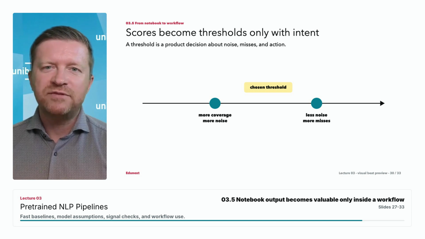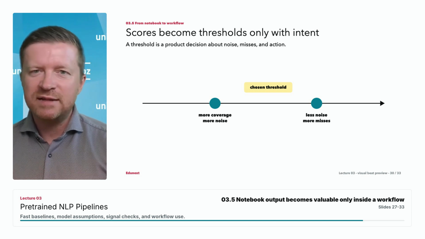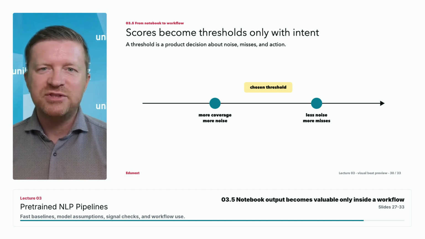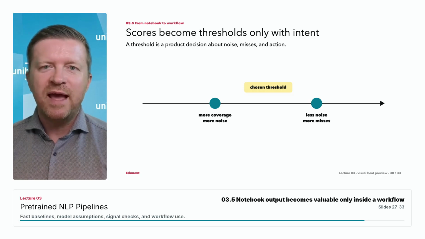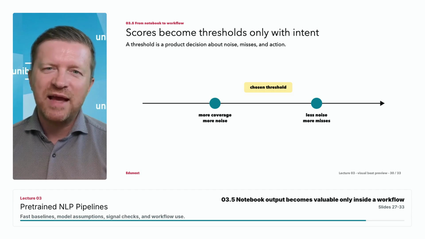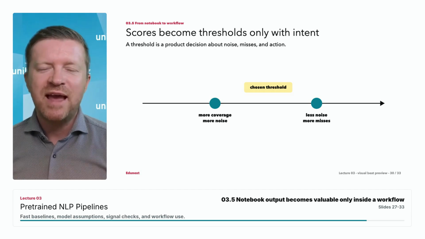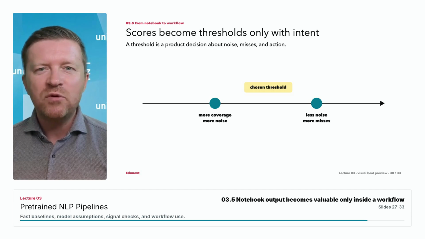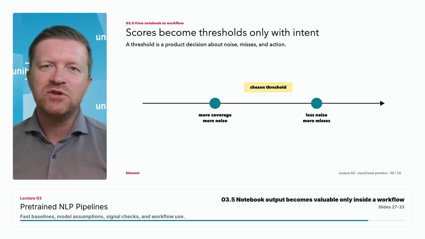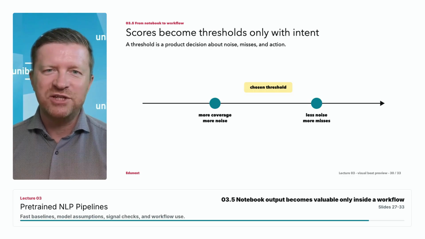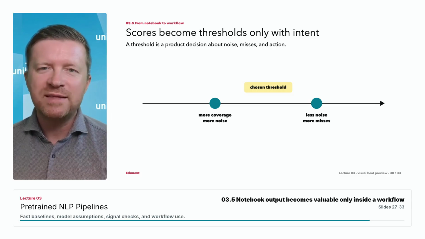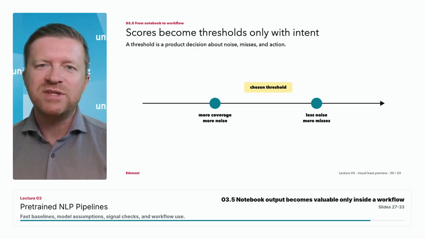It turns a pile of text into a view that can be discussed. This also gives you a way to check the model at a higher level. If the chart says 90% of reviews are positive, but you know the dataset came from a complaint form, that should make you pause. Aggregation is not only for presentation, it is also a sanity check. The pattern should make sense relative to how the data was collected.